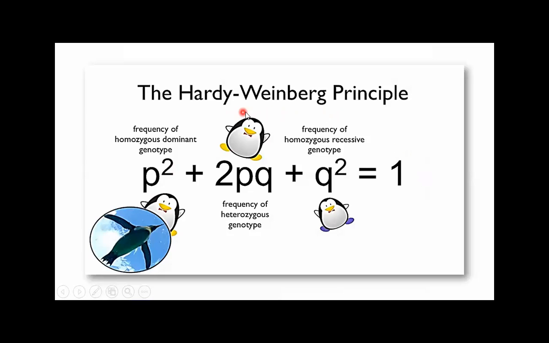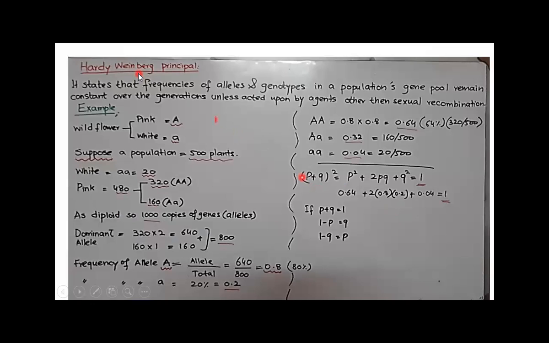Now, what is the Hardy-Weinberg principle? The frequency of homozygous dominant genotype plus the frequency of heterozygous genotype plus the frequency of homozygous recessive genotype is equal to 1. This is the Hardy-Weinberg principle.